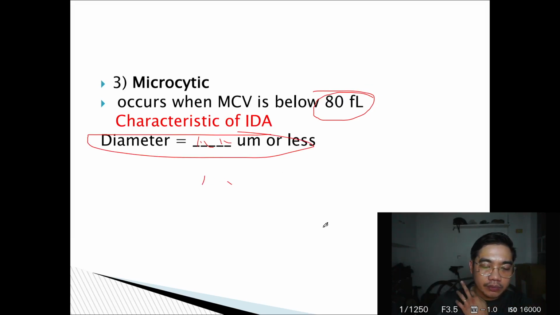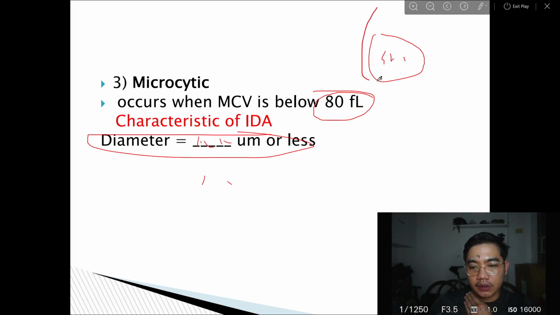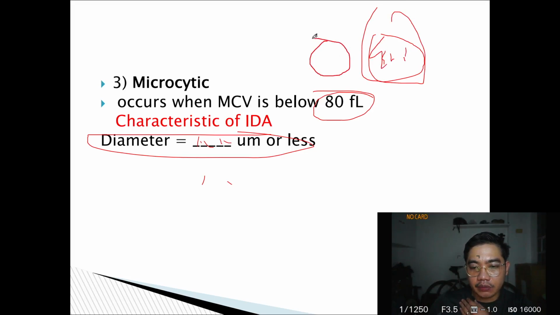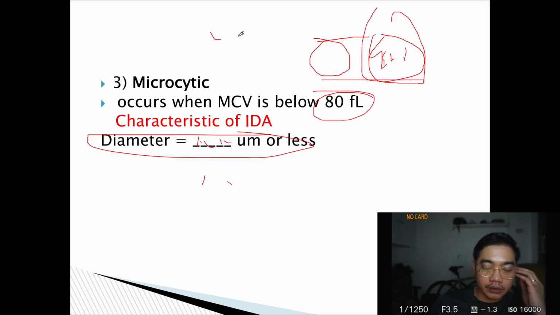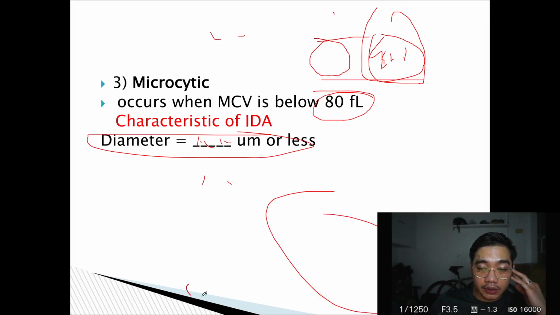So how do you compare your microcytic, if this is the nucleus of your small lymphocyte, you just need to compare the RBC. If more or less it's the same, then it's most probably normocytic, and if it's larger, it's macrocytic. If smaller, it's microcytic. So that's a rough estimate in your peripheral blood smear.